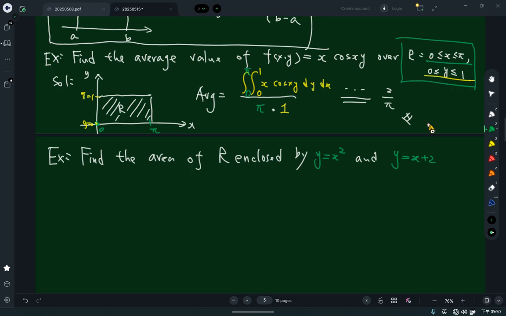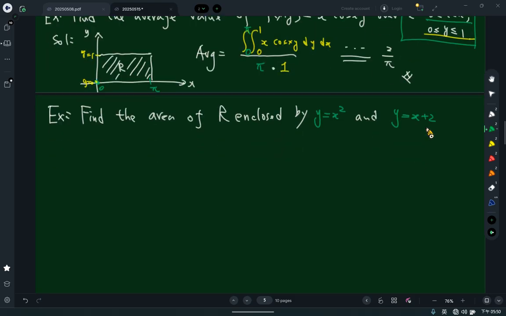I believe you already know how to solve such kind of problem, right? For you, just construct the region first. So we should draw the region first.